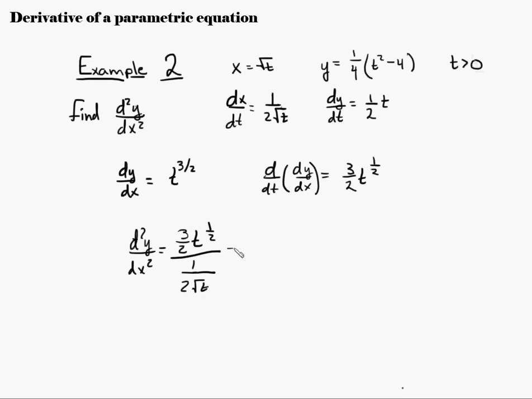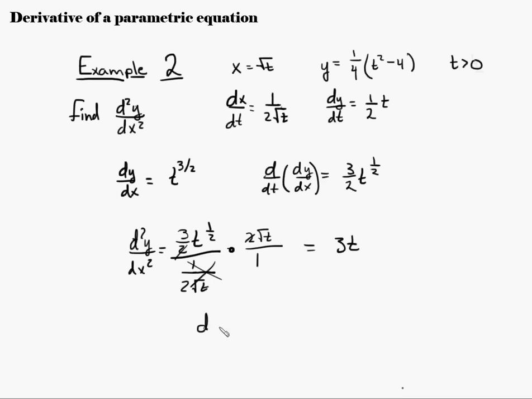I'm going to copy dot flip with this thing, so that'll be over 1, and it'll be 2 square roots of t. So this cancels this out, and when this cancels with this, I'll have 3t.